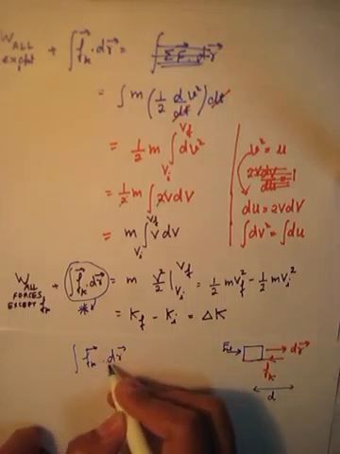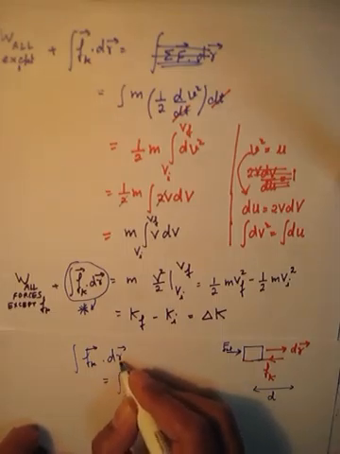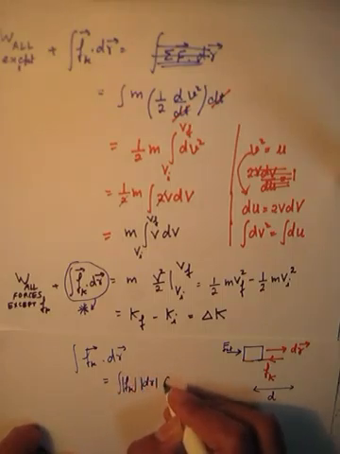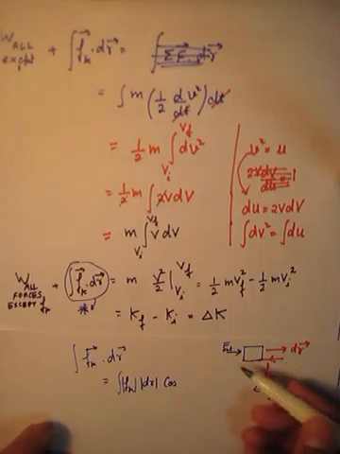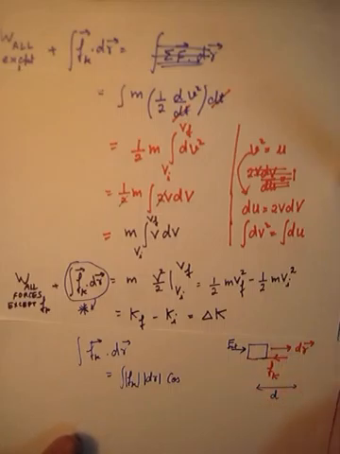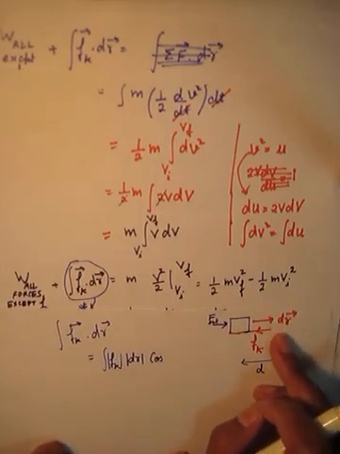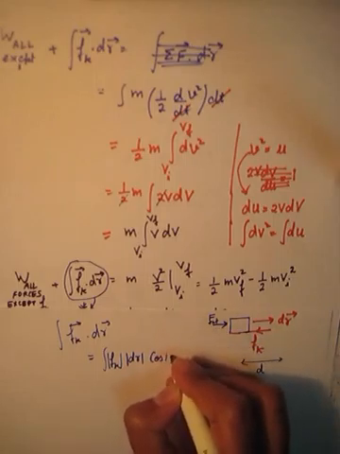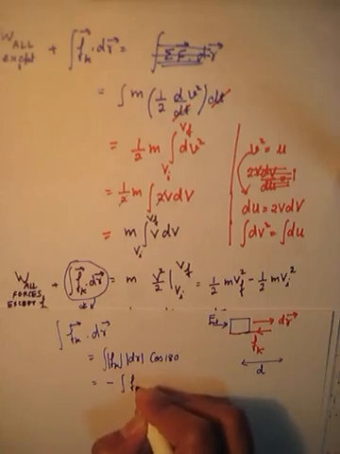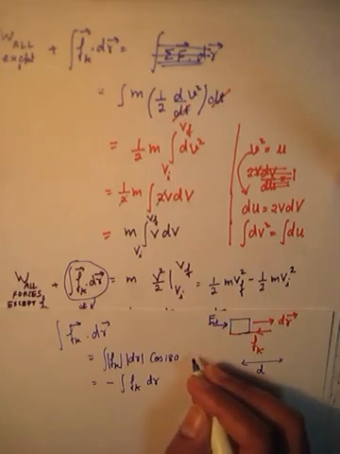So if we have to find out this term, it will be kinetic friction dot product, so magnitude of kinetic friction, magnitude of dr, into cosine of theta. Now the angle between displacement and kinetic friction: they are opposite to each other, so the angle between them will be 180 degrees. So what we get is minus integral of kinetic friction dr, because cosine of 180 will be minus 1.